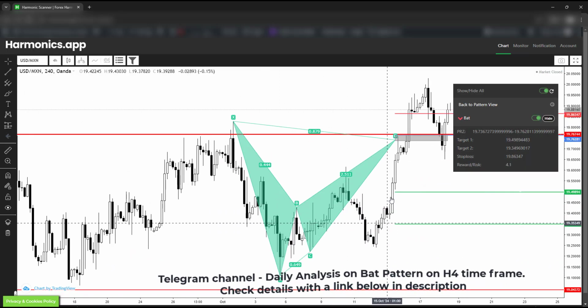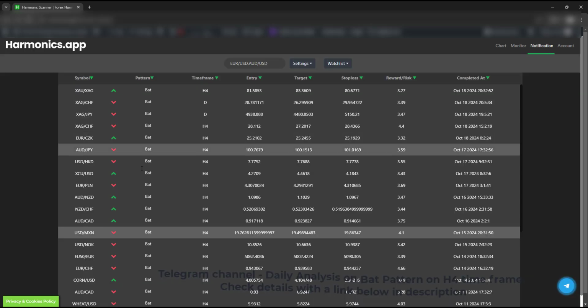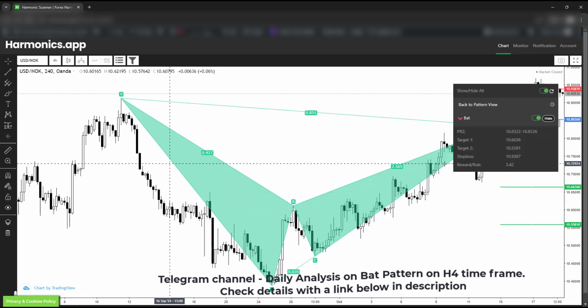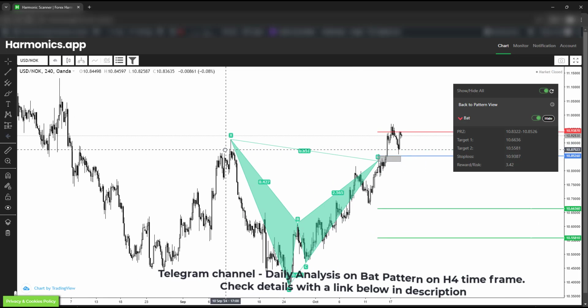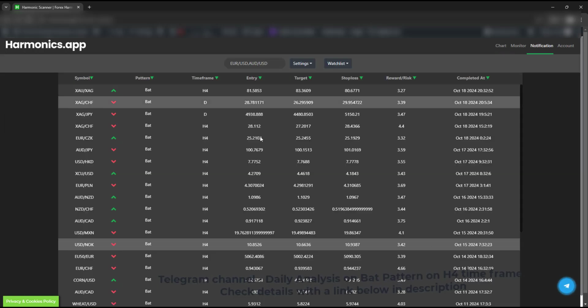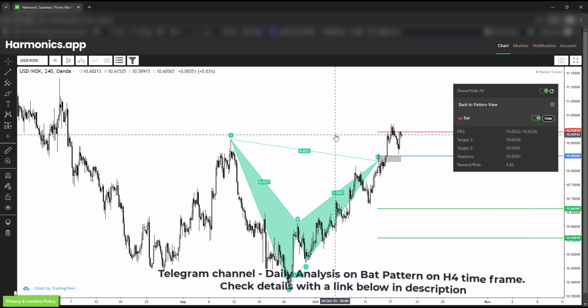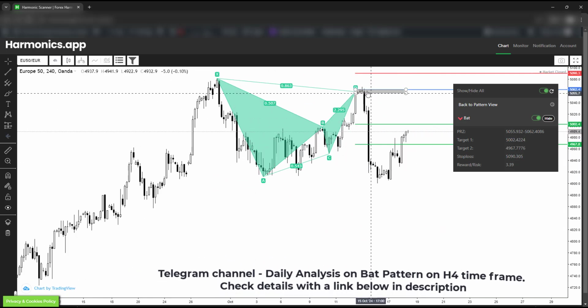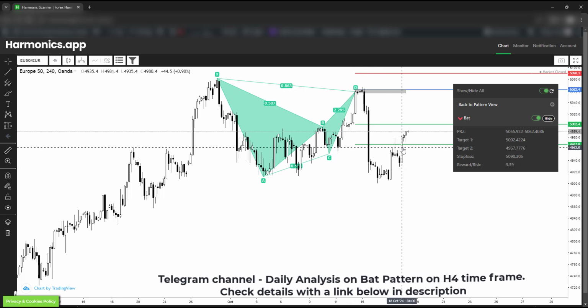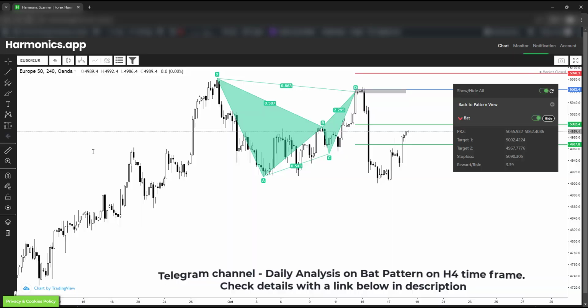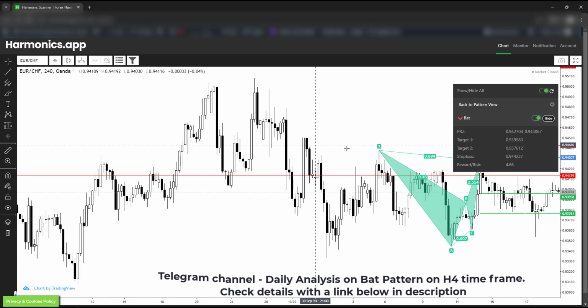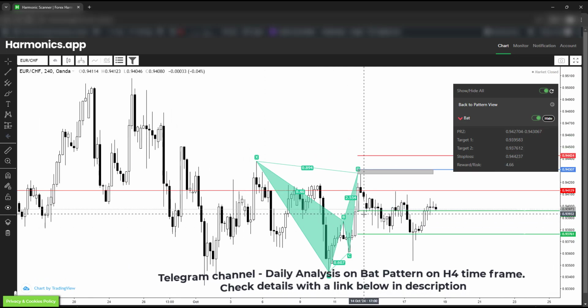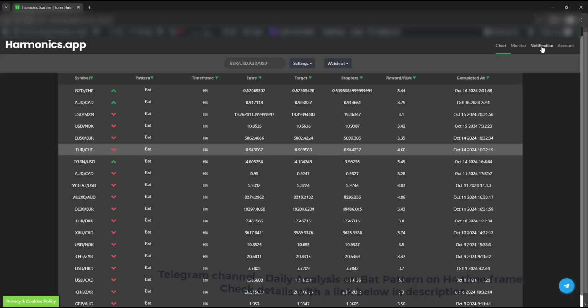Moving sideways, not a very good one, even though it's a failed one. Let's check this one, also not very good. This one is also moving sideways, but anyway, it has been a successful one. This one is moving sideways, even though it is a successful one.